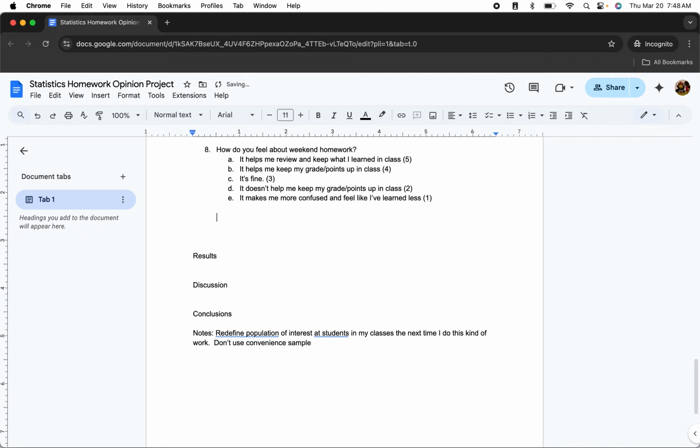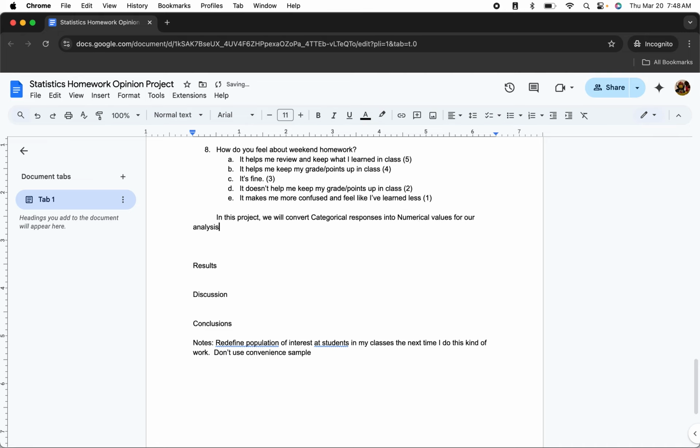So just copying that first set of text here: in this project, we will convert categorical responses into numerical values for analysis.